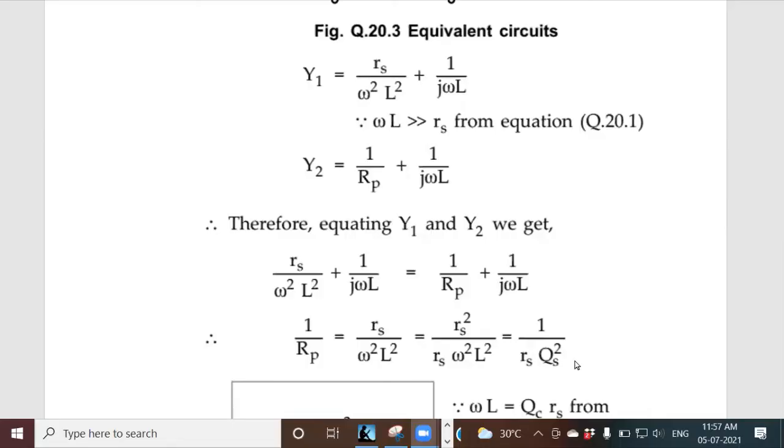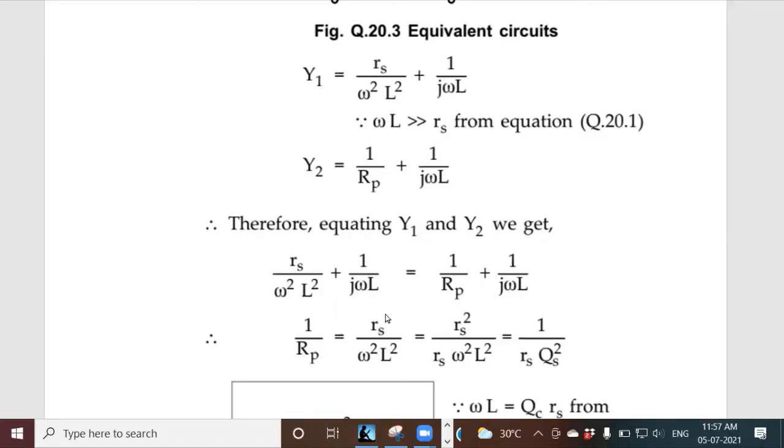Next, we know that quality factor is omega L by R. So in omega square L square, if we make the other term Rs square, then we can represent it with the quality factor for series resonance.